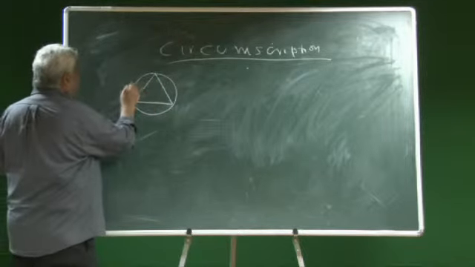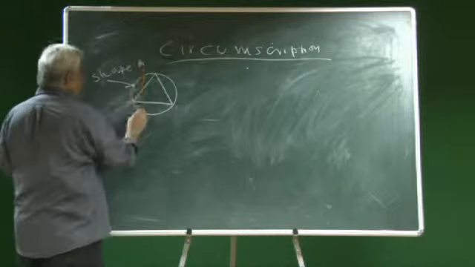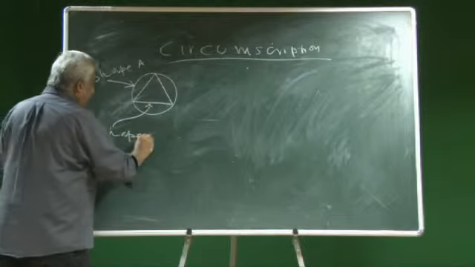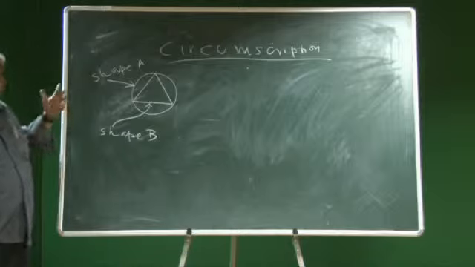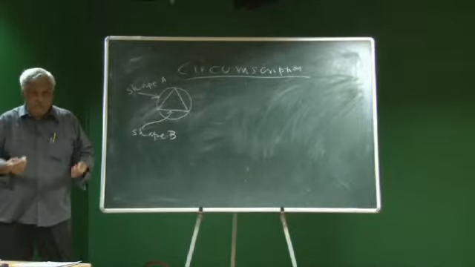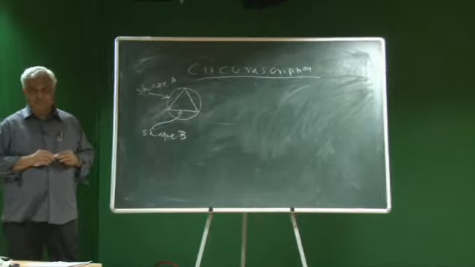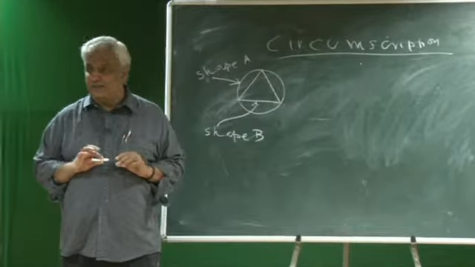So this one, I'm going to say shape A, and this one, I'm going to say shape B. I want to know what circumscription is, and one way of knowing is to define it. It hasn't become one yet, so I will help you with part of the definition.